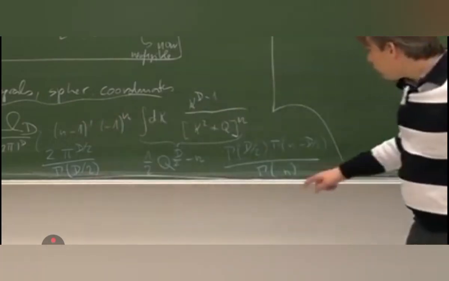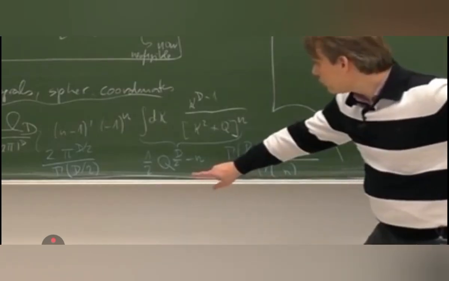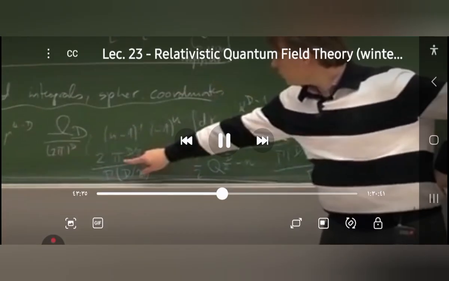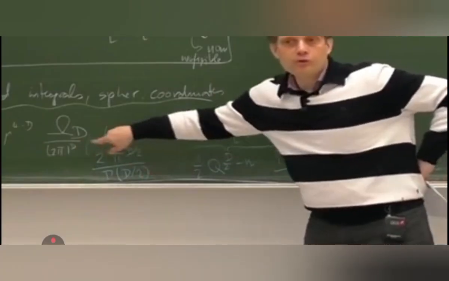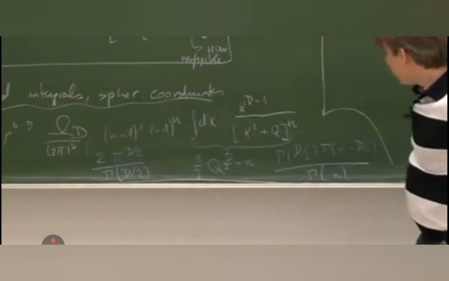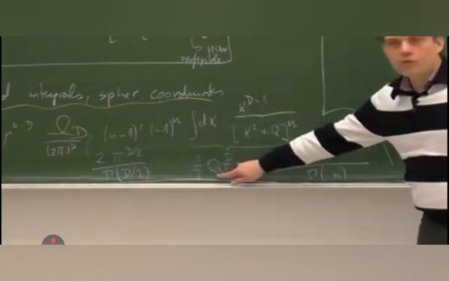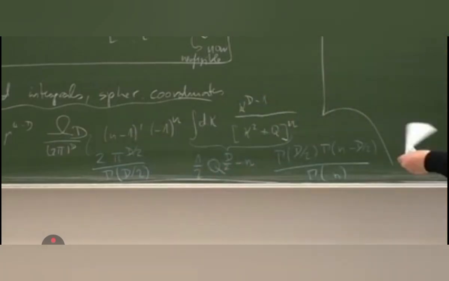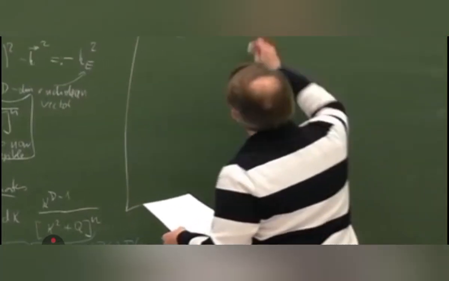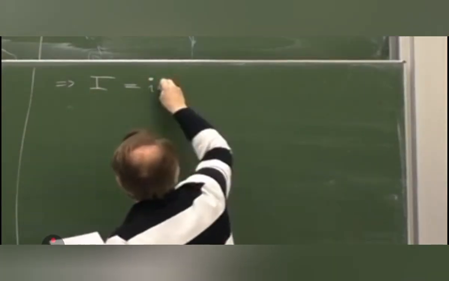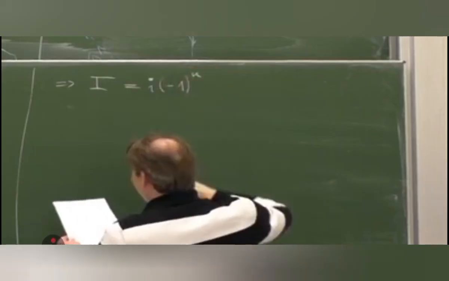And then what remains is just the 2 pi to the power d. Here pi to the power d over 2, so that must be combined somehow. And the 1/2 and 2 also cancel, and then what remains is the q to this particular power. So not much remains, so let's write it all down. We have the I. The I came from big rotation, minus 1 to the power n, that doesn't go away.